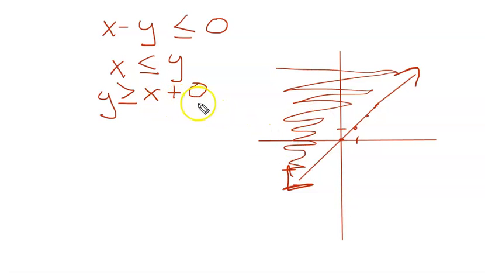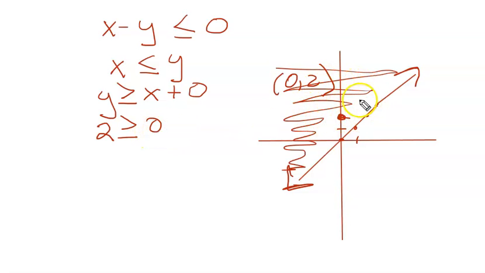Now let's use a test point, and let's say our test point is here. The ordered pair of that is 0, 2. So y is 2. Is 2 greater than or equal to, remember that this was a 0 now? Yes.